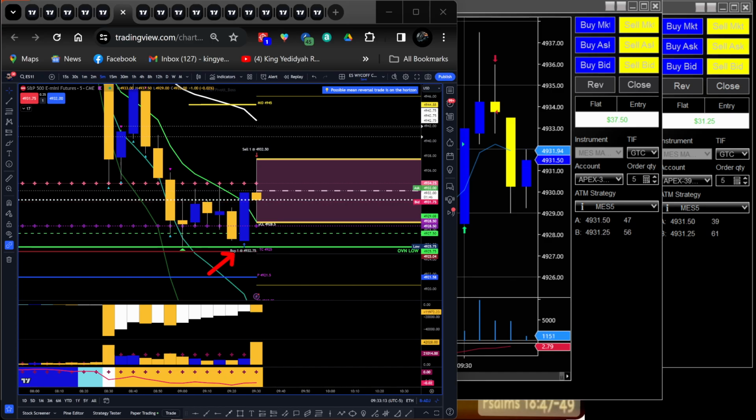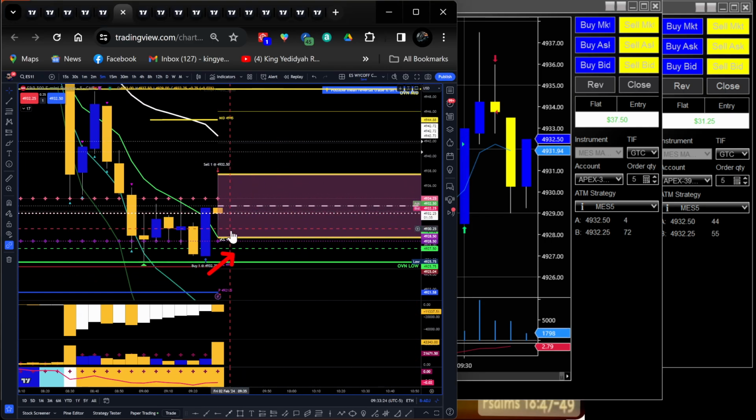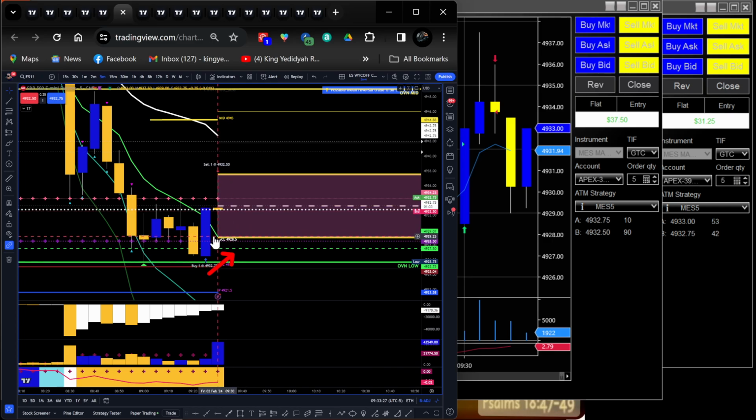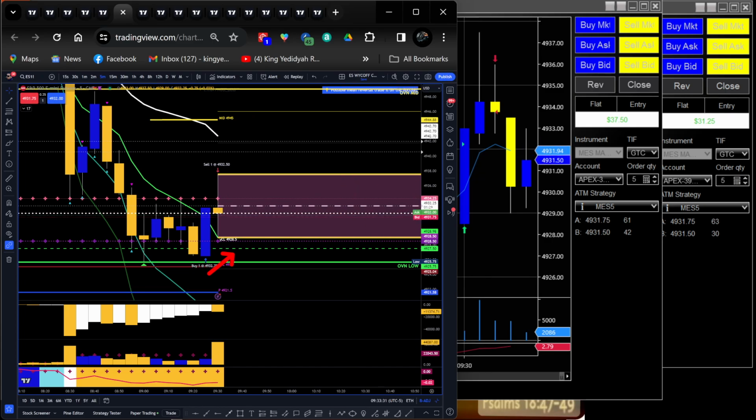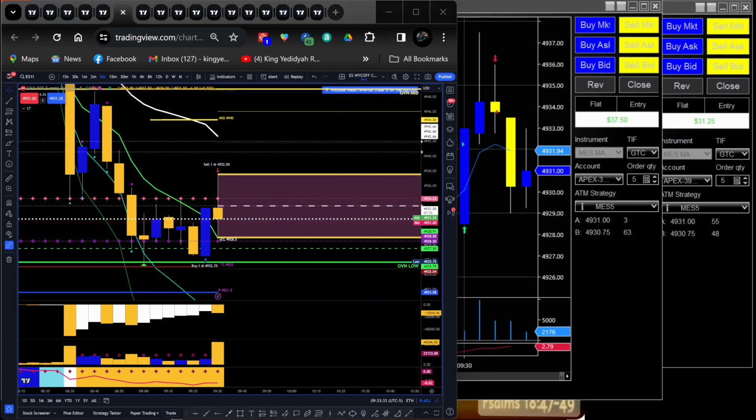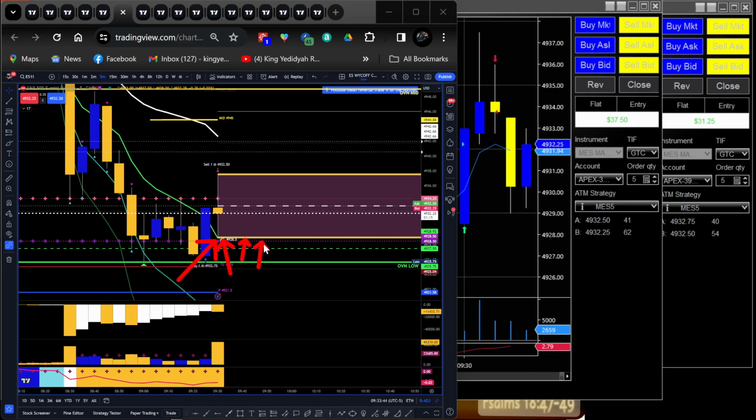I might jump back in here if we hold support above this lower deviation band at 49.29, right there at yesterday's close. So let's see on the next 5-minute candle if we stay above this level. I could probably look for another buy.